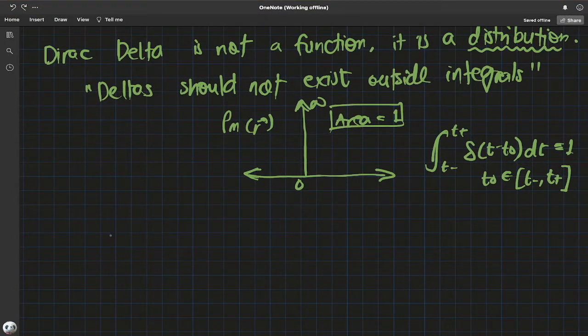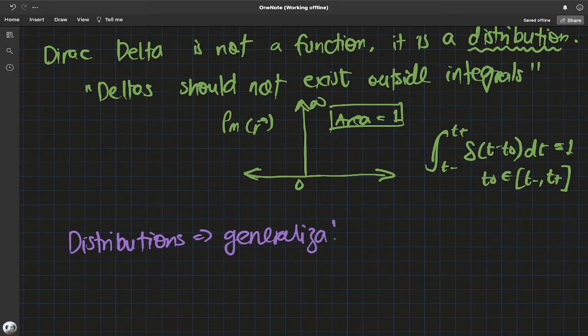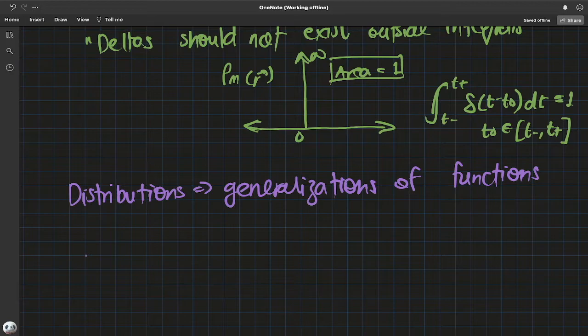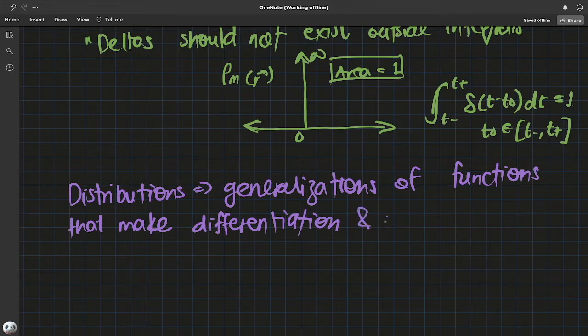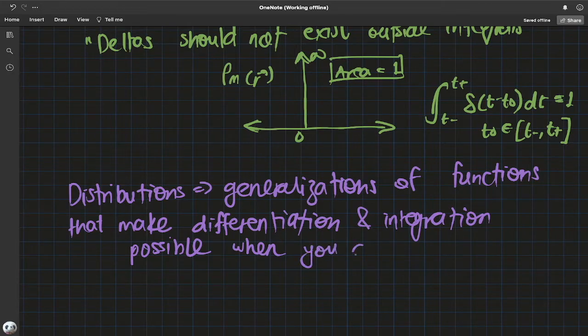In mathematical formalism, distributions are generalizations of regular functions, say, that they teach you before starting calculus, that make differentiation and integration possible when you can't do it on the function itself.